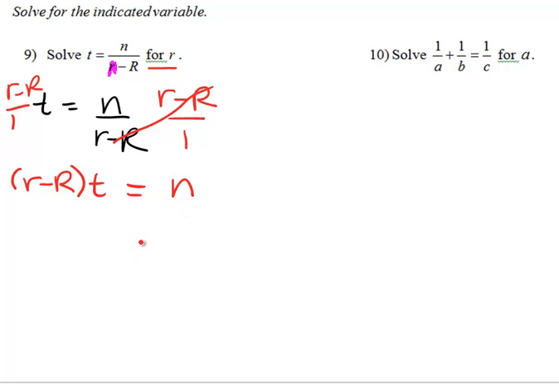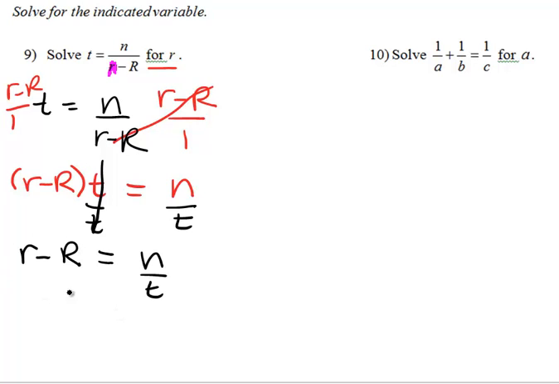I'm getting closer. This is still a chunk that's working independently, so this I need to get rid of. So I'm going to divide out the t on both sides. Now I'm getting there. So I have r minus capital R equals n over t.